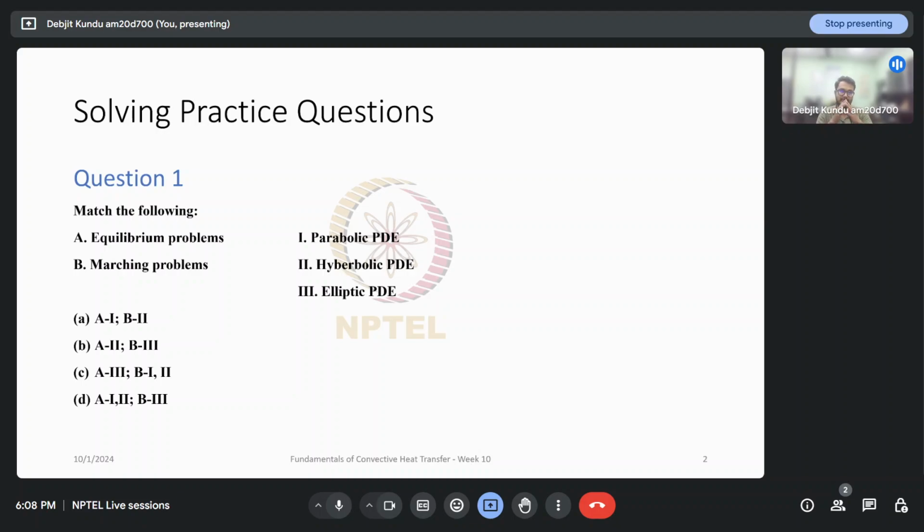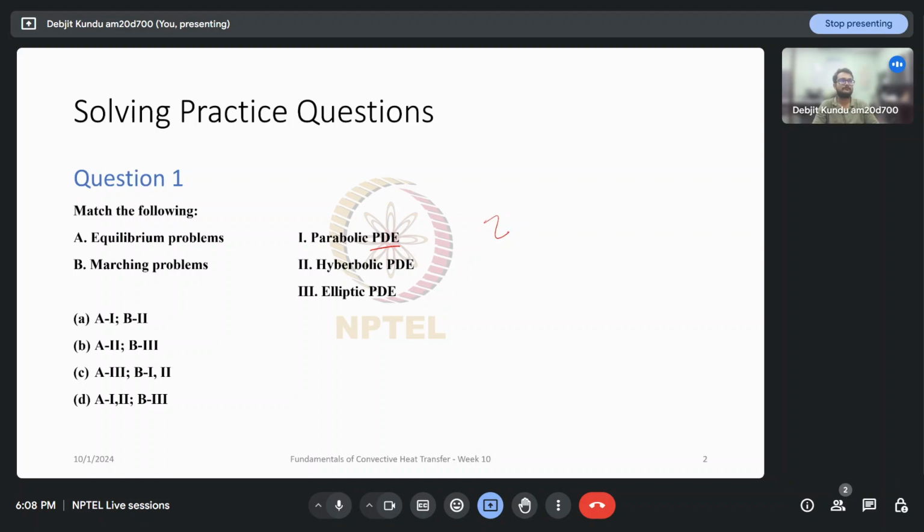Now we looked at some very basics and fundamentals of numerical solutions. So this question also pertains to one of the very simplest of things. Most of these physical problems that we're dealing with are governed by partial differential equations. Now PDEs can be classified into parabolic, hyperbolic, or elliptic, and they correspond to problems which can be described as equilibrium problems or marching problems.